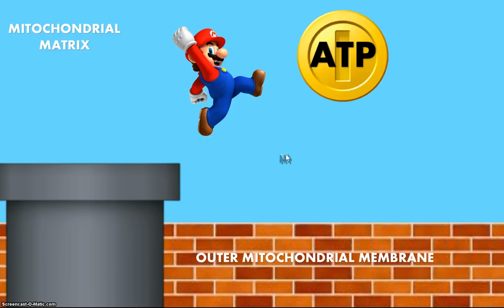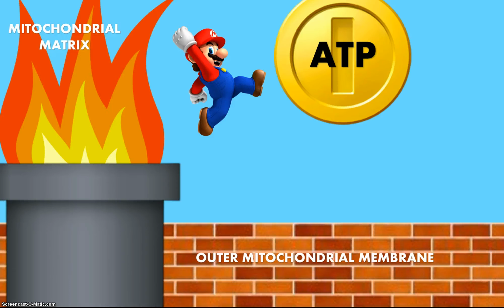So Bowser is going to let off some steam here, or as you can see, there's going to be some heat produced from the reaction occurring. So that is the end process of this overall oxygen needing process to create energy for the body.